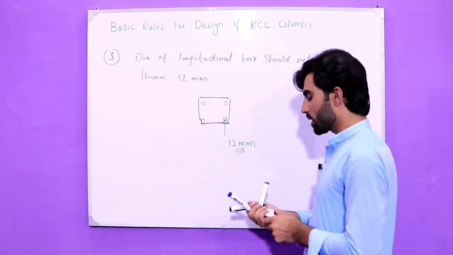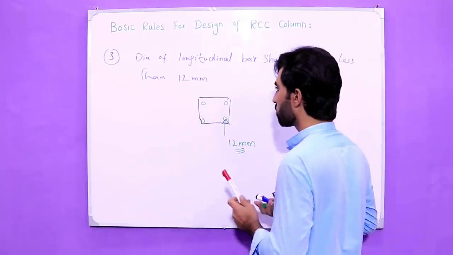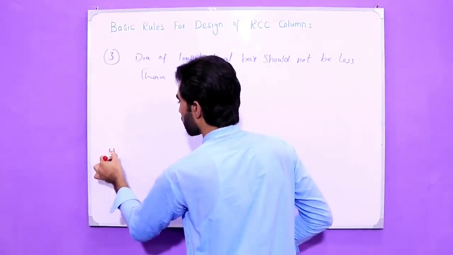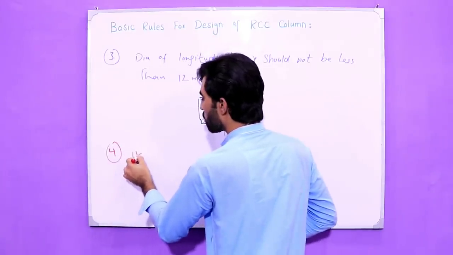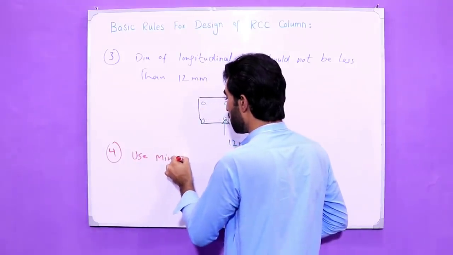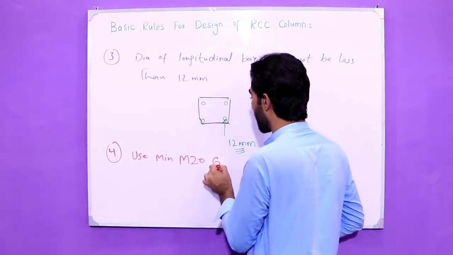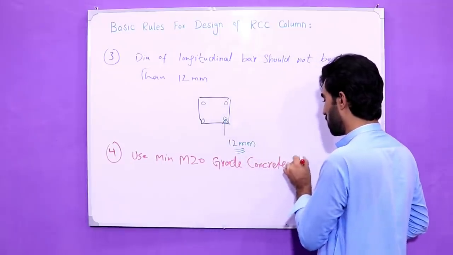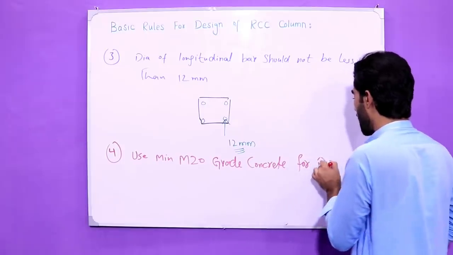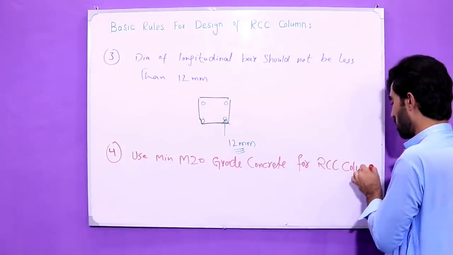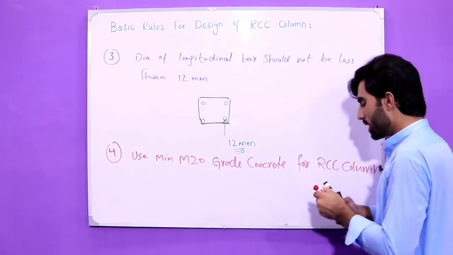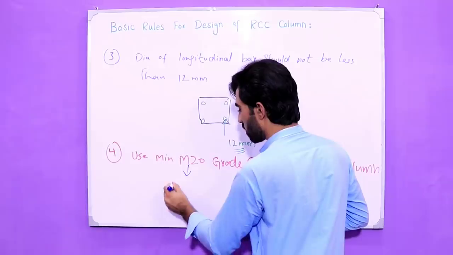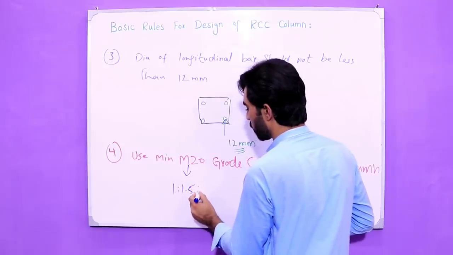Now the fourth rule is, guys, use minimum M20 grade concrete for RCC column, where the ratio of M20 grade is 1:1.5:3.